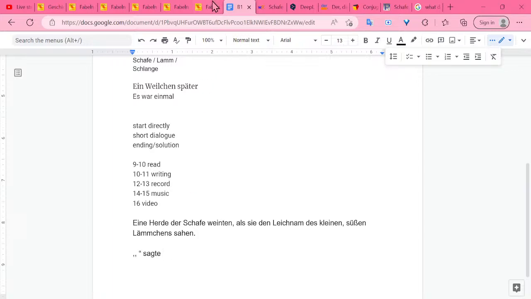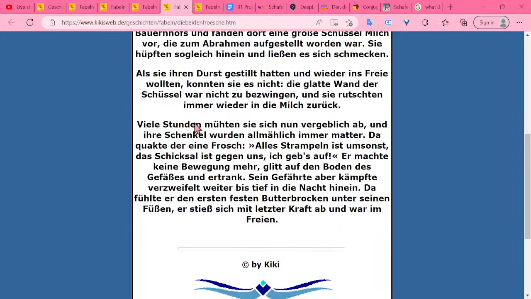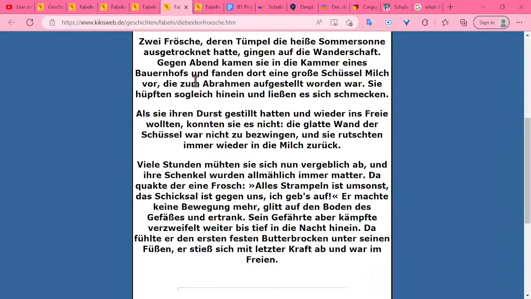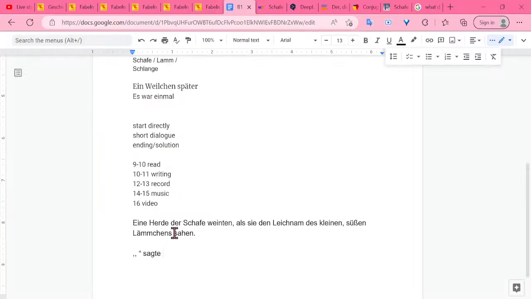I don't know, none of these have names, you see. Schwein, Eichel, Fish, no names. There are two of them, the eine, the andere. I don't think I should give them names. I'll just say eine.